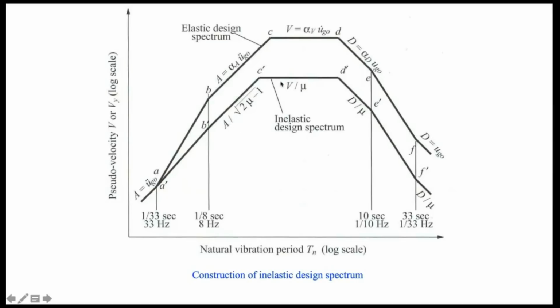Okay, and in this range, the spectrum is divided by the mu, which is basically R, and there is the velocity sensitive region, and again even in the displacement sensitive region, the displacement value R divided by mu, that represents the strength reduction factor. So these branches, 1, 2, 3, and 4, they are directly divided by the ductility, while this branch is divided by the square root of 2 mu minus 1 to show the reduction factor at that location. So then it becomes the inelastic spectrum that you can use in the design of a structure system for a known ductility.